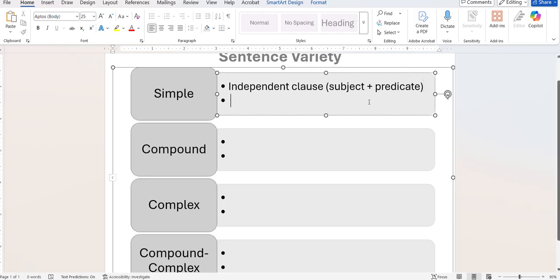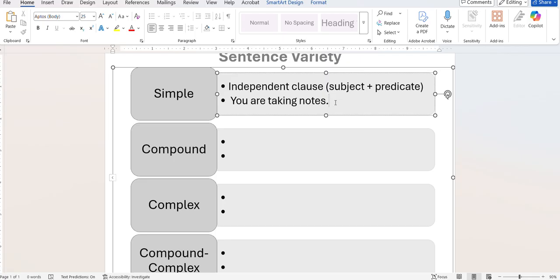So if I say, you are taking notes, that is a simple sentence. I have the subject, you, and what are you doing? Taking notes. If I said you and the person beside you are taking notes, still a simple sentence. Even though I made a compound subject, it's still a simple sentence.